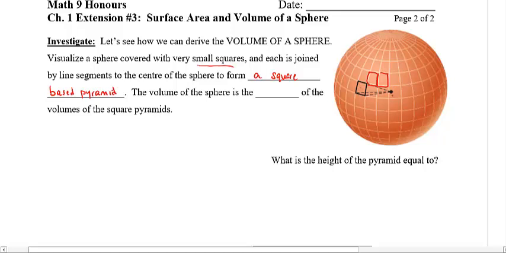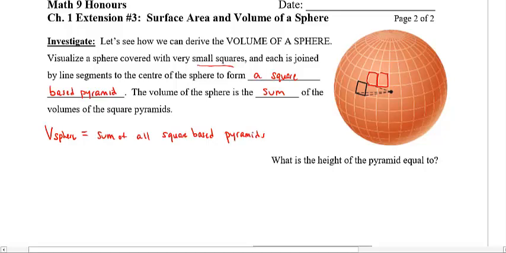Now the volume of the sphere really is just the sum of all of these square pyramids put together. Does that make sense? So what I've just said is that the volume of the sphere, V sphere, is equal to the sum of all the square-based pyramids.